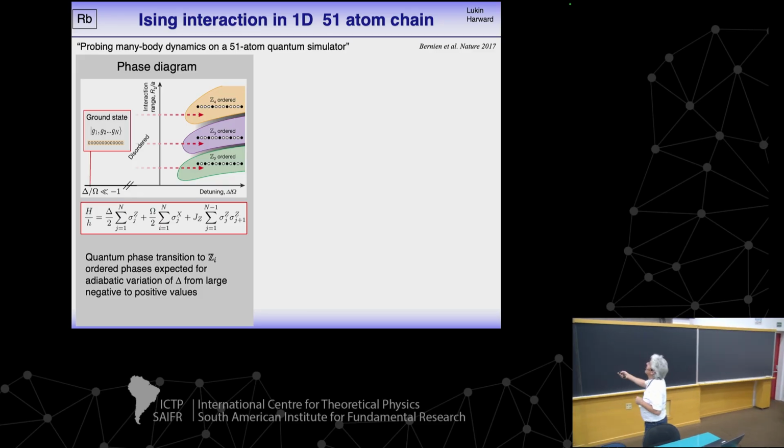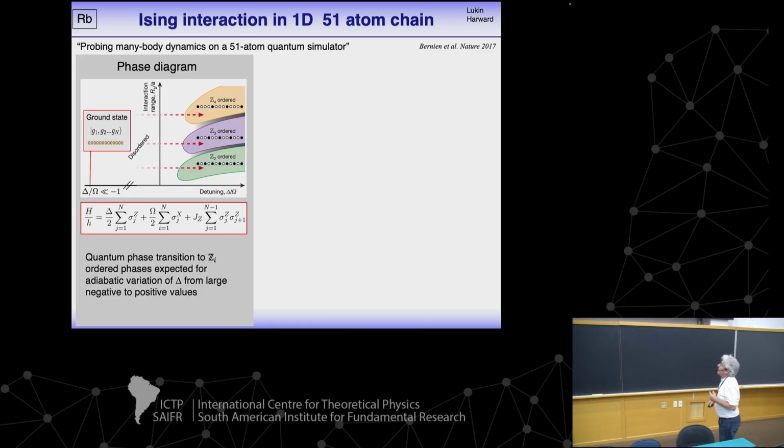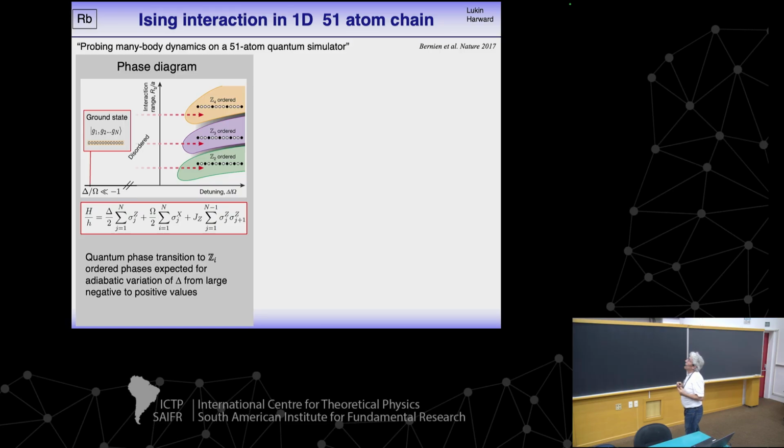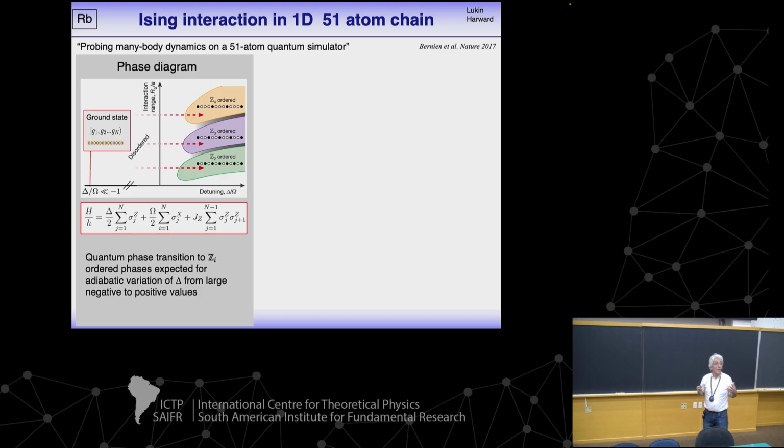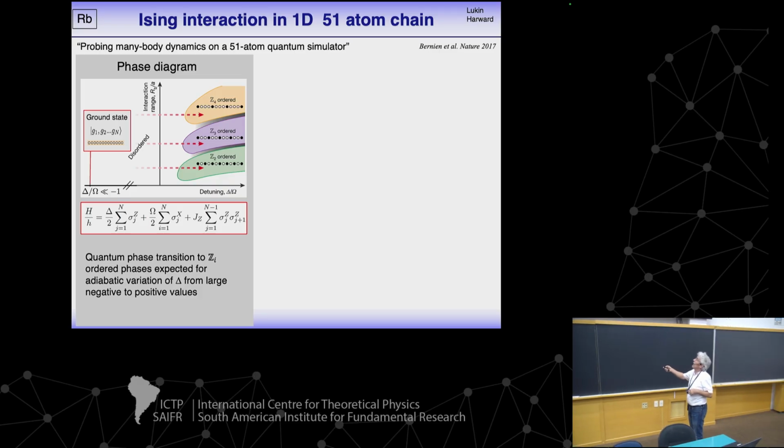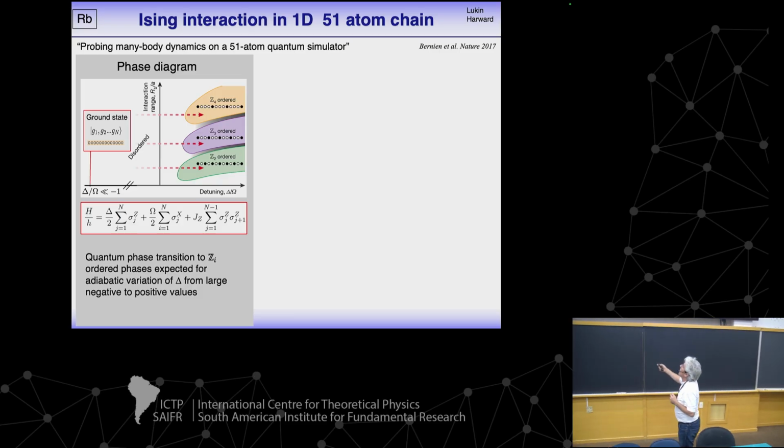So here is again the Ising Hamiltonian, and they start to play with preparing some different ground states of the system by starting with a trivial state, which is all atoms initially in the ground state. And then by adiabatic variation of the parameters, you can transform this trivial state into a more interesting one.